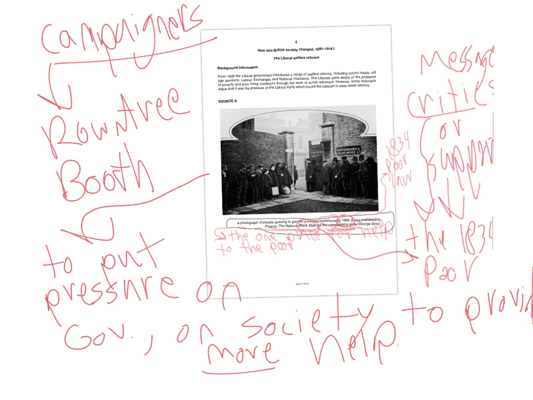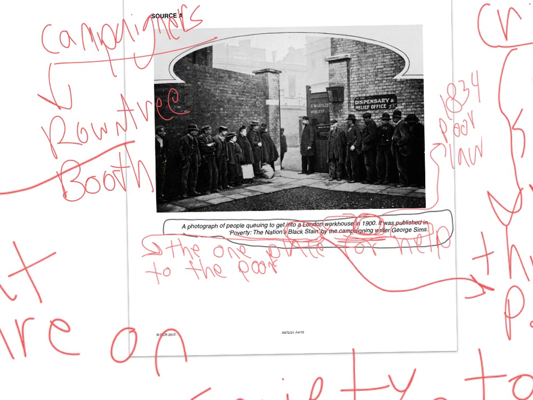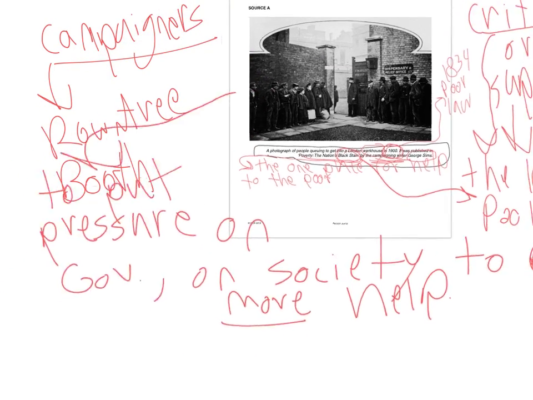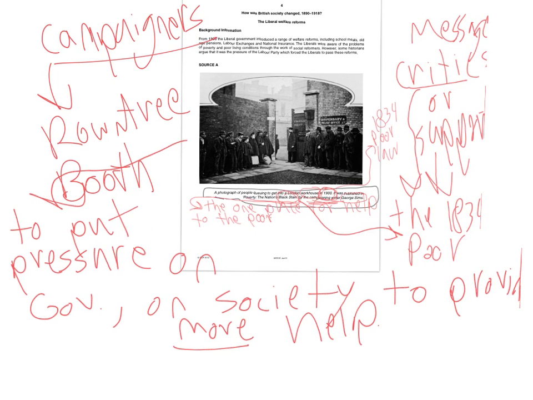Real help that can make a difference. You could go much further into this, of course. You could always say stuff about the audience. So who would this actually target? It's in a book, so it's really just the middle class and the rich that are going to have access to it. But those are the people that actually will make a difference, to convince them, to put pressure on them, to try to change their minds.